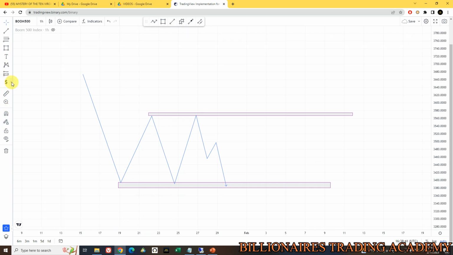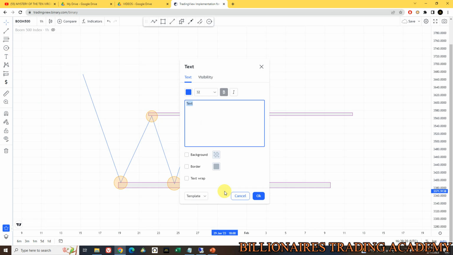Now, after that becomes your zone, let's say this point, 1, 2, then again 1, 2, then 3. So when price is coming to touch the zone for the third time, this is where you now take a buy. So at the point here, at support, this is where you take a buy.